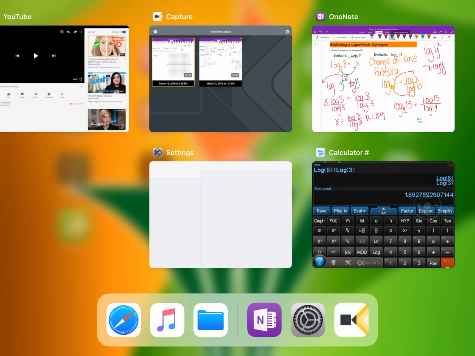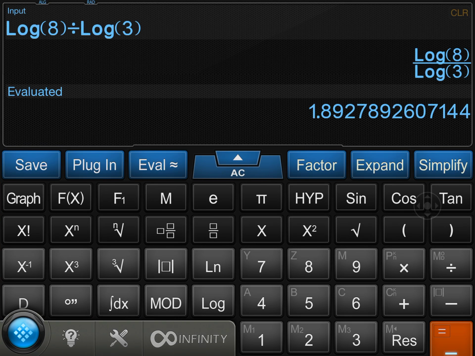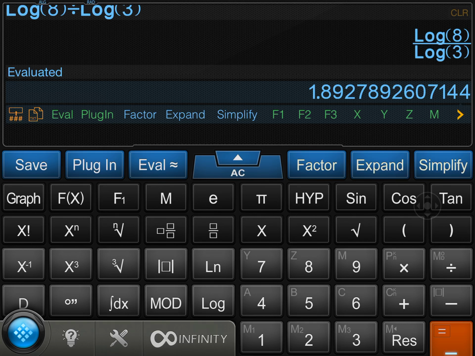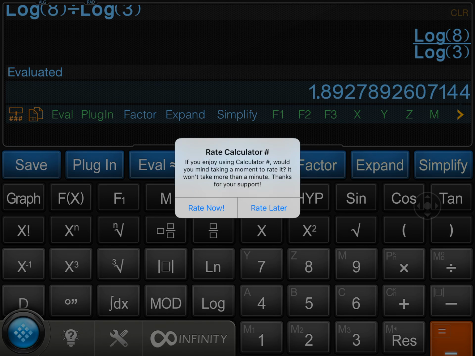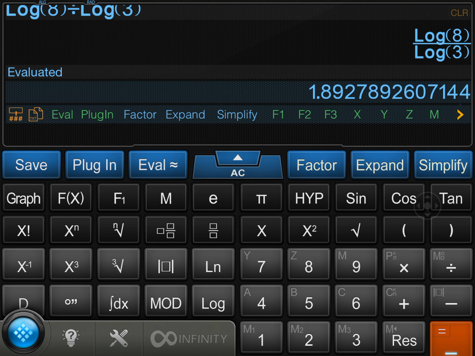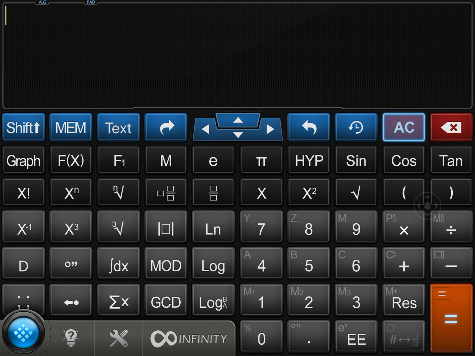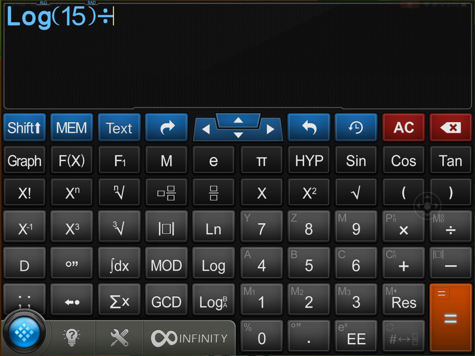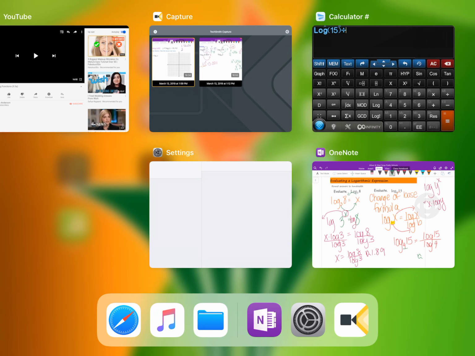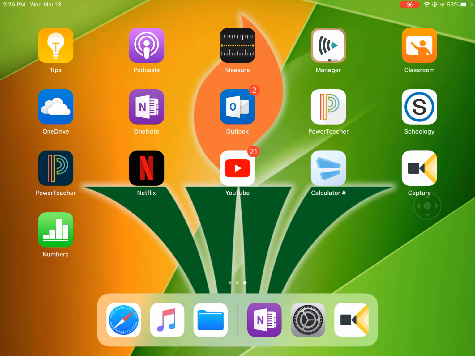So then I can use the common log button in the calculator. Let me clear this. Okay. Log of 15 divided by log of 4.